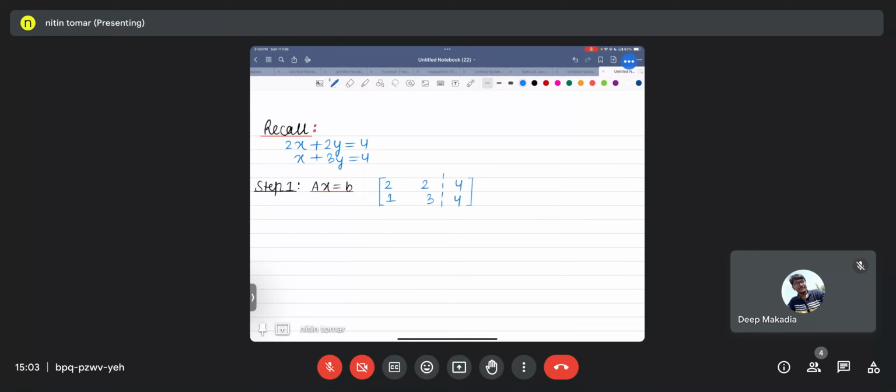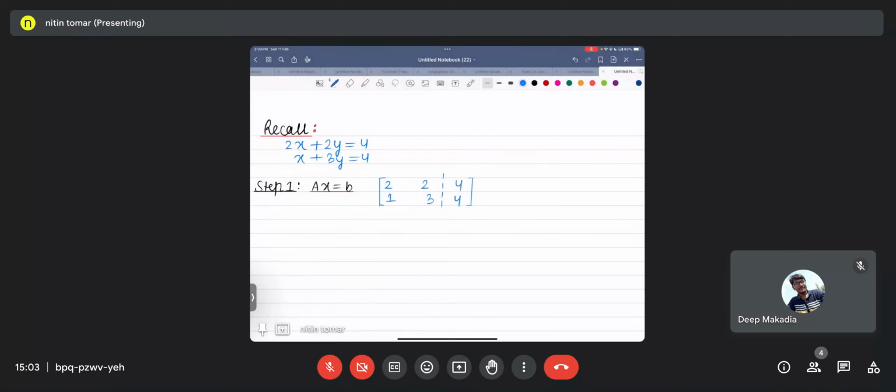Now, if I were to ask you what kind of row operations you will have the intention to perform, there is an obvious choice, right? Which row operation will you go to? We can try to make that 1 to 0.